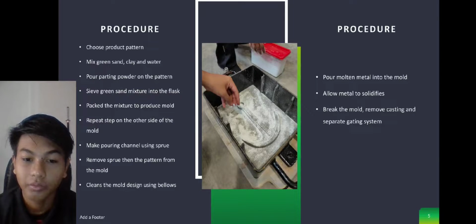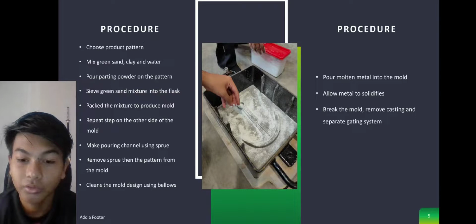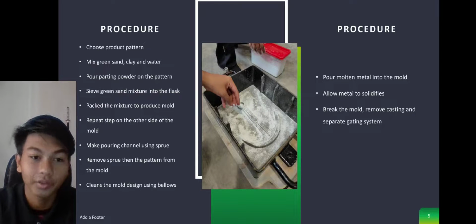Then, we have to pour molten metal into the mold to allow the metal to cool down. Lastly, we have to break the mold to remove the casting and separate the gating system. Thank you.